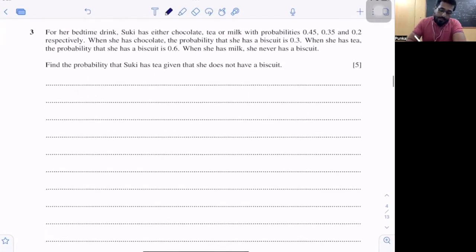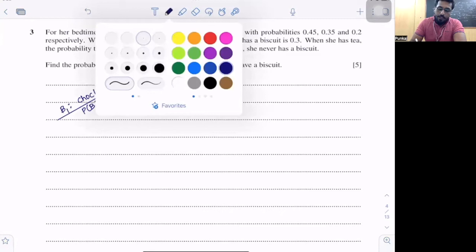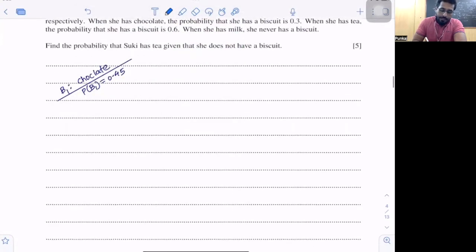So Suki has either a chocolate. So I'm going to call that event as, say, B1. So B1 is having chocolate. So what's the probability of B1 given to you? It's 0.45, right? That's the first branch. Let's take the second branch now. So the second branch says she will have tea. So that's B2.